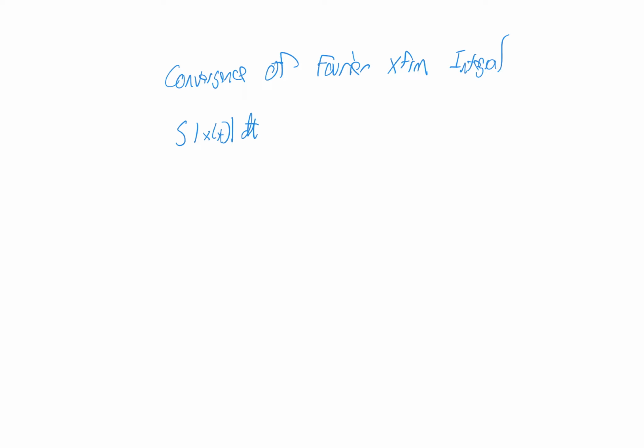Finally, let's talk about convergence of the Fourier transform integral. This is a somewhat complicated subject, but let's talk about a few cases. If the function x of t is absolutely integrable, this is a sufficient condition for the Fourier integral to exist.